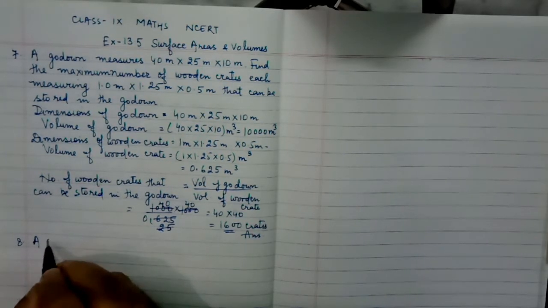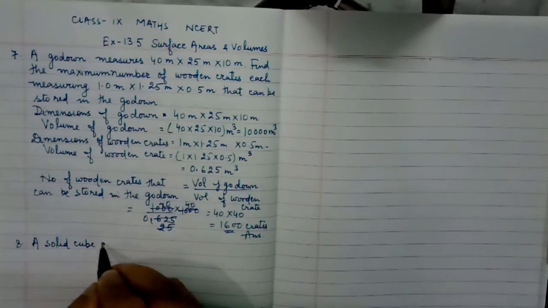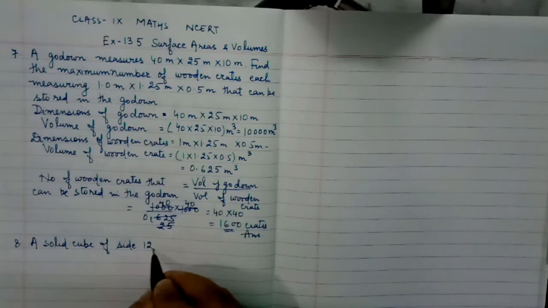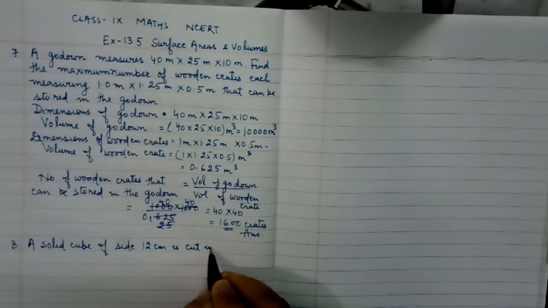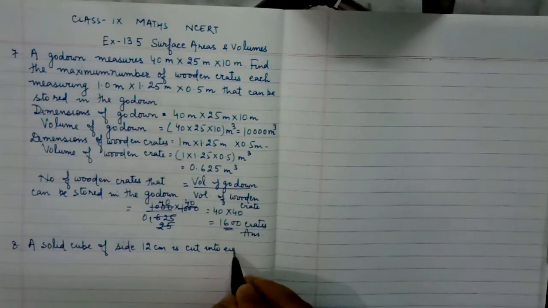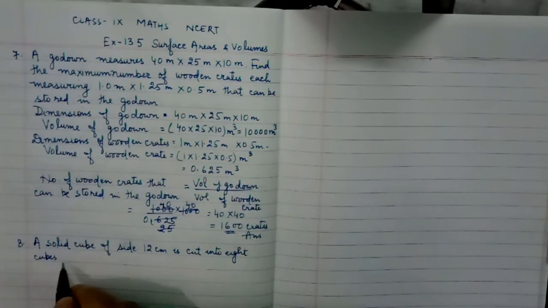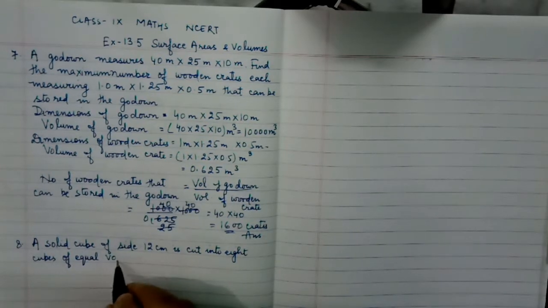Now coming to question number 8. A solid cube of side 12 centimeter is cut into 8 cubes of equal volume.